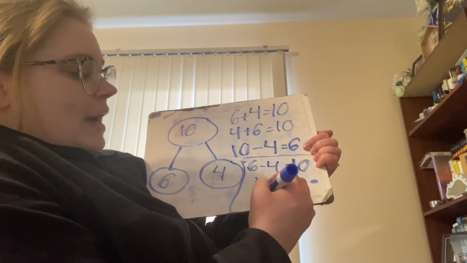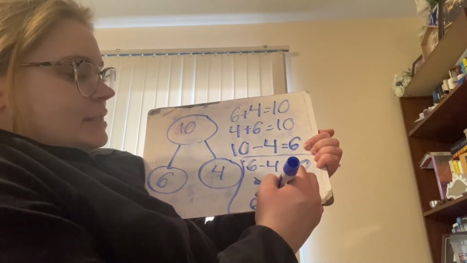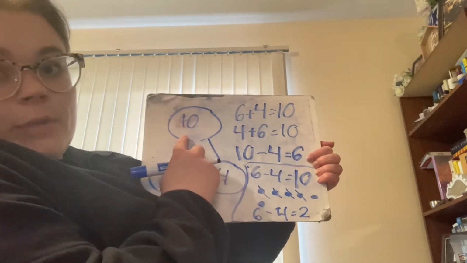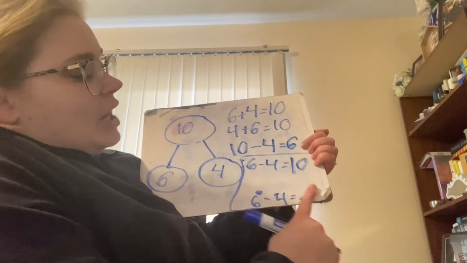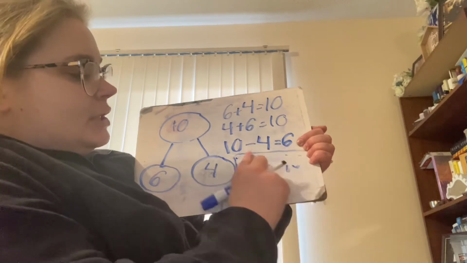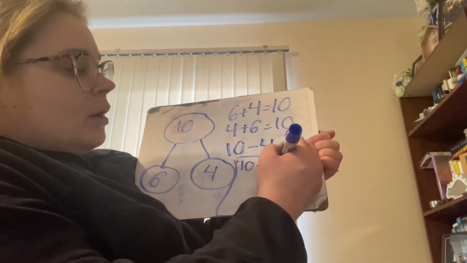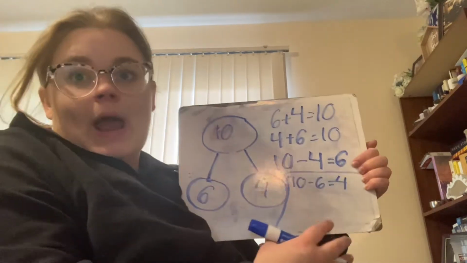So the true equation is 6 minus 4 equals 2, which isn't using that whole number. So if we check our equations after we write them, that's a good way to make sure that your fact family is correct.